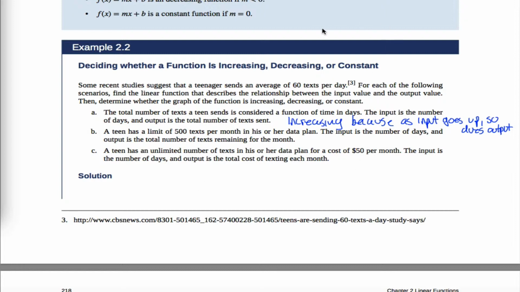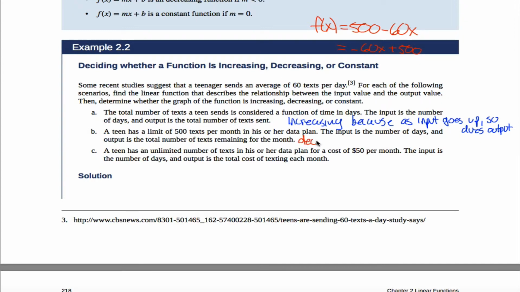If you're writing it in linear form, I think this makes the most sense, but it's not in that y equals mx plus b form. So you could rewrite it so it fits the form better. I think this one is more intuitively appealing, whereas this one fits the form better. But in either example, your slope is negative 60. So this function must be decreasing using your book's definition.